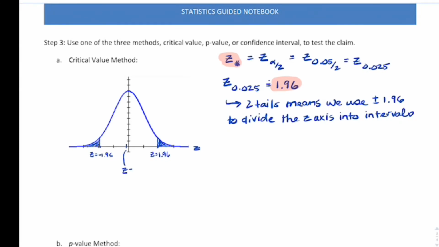So z is negative 0.12 is the test statistic. That z-score for our test stat does not fall into either of the critical regions, so we fail to reject the null hypothesis.